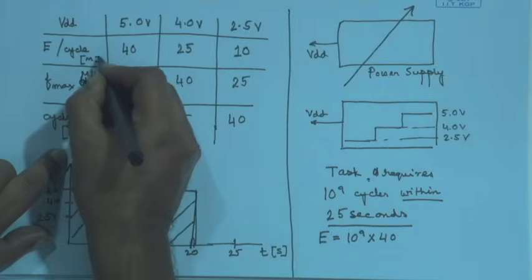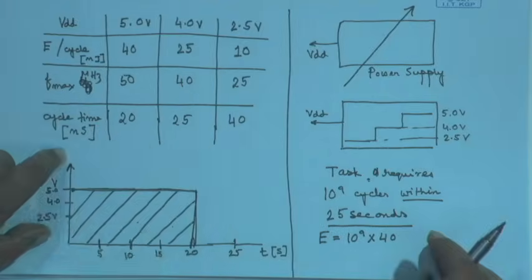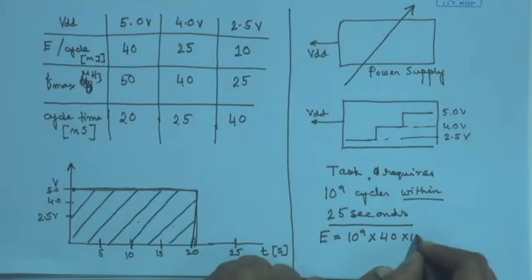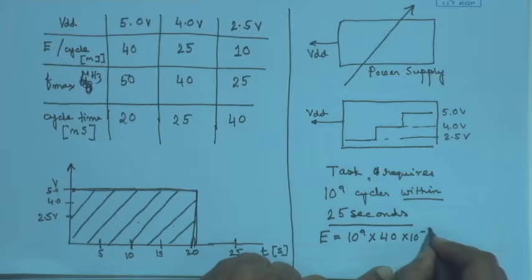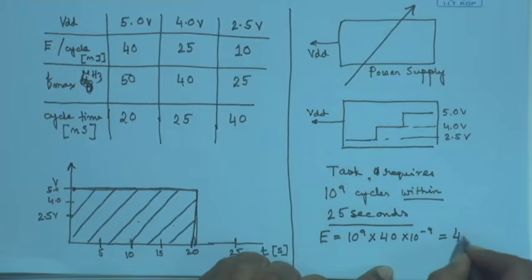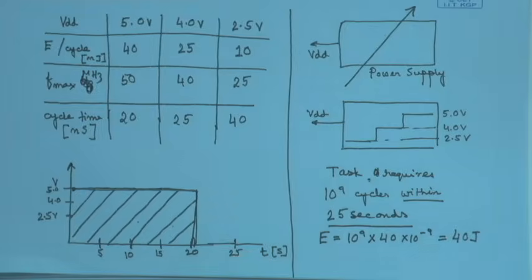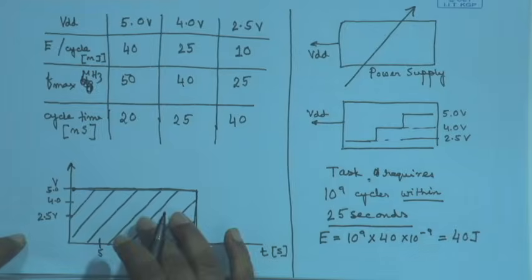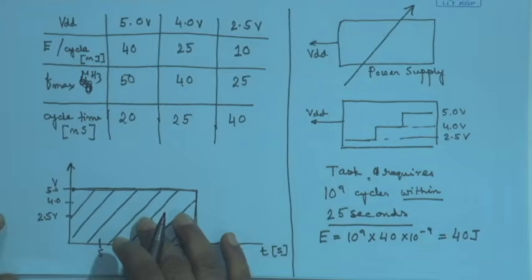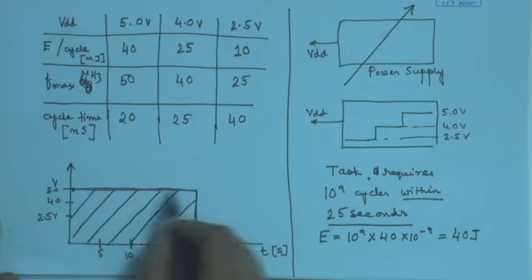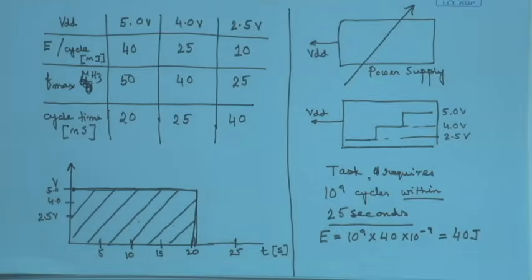I am sorry, the energy given here is in nanojoule. So, it will be 10 to the power minus 9. So, that will be 40 joule. So, I am consuming 40 joule of energy by running it at 5 volt, but was it necessary?